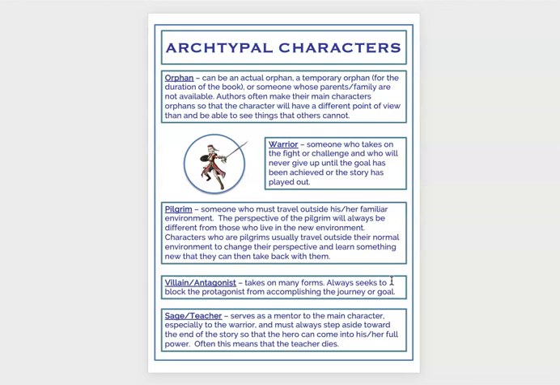The sage teacher shows up so often, and is usually someone who is a mentor to the main character. And the sage teacher dies frequently in stories so that the hero can come into his or her full power. Sometimes they just step aside, like the giver. The giver didn't die, but he kind of took a really major backseat.